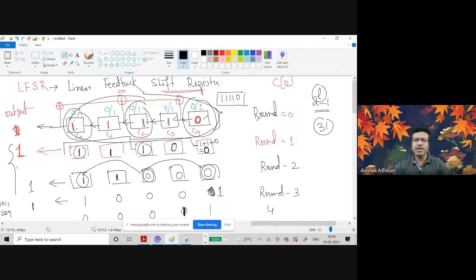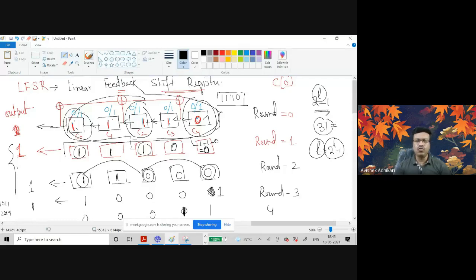Mathematically, it can be proved that for L initial states, you can generate a key stream of at most 2 to the power L minus 1 bits. So here it could be 31, but you see that after 15 it's again repeating.